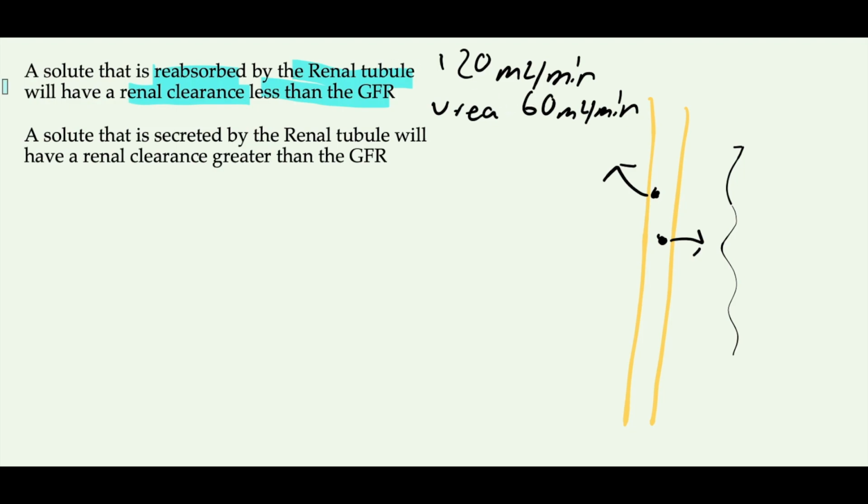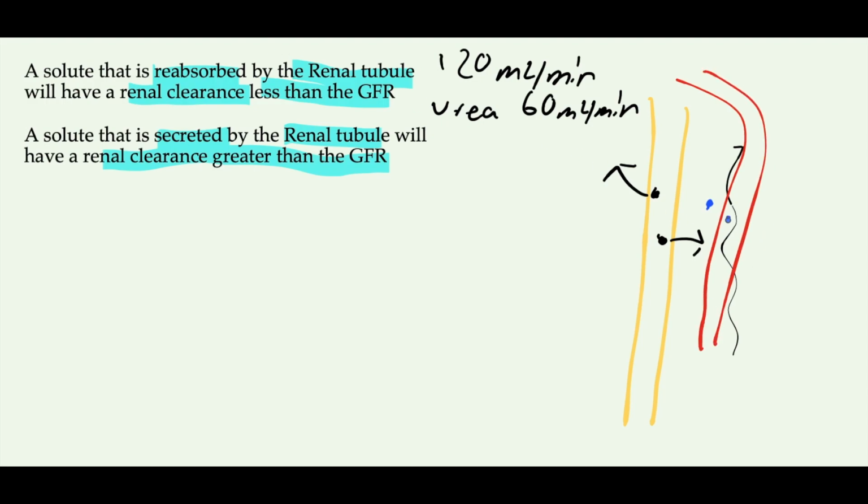Now let's talk about the second law, which states that a solute that is secreted by the renal tubule will have a renal clearance greater than the glomerular filtration rate. Let's use creatinine as our example. Let's draw ourselves a peritubular capillary.